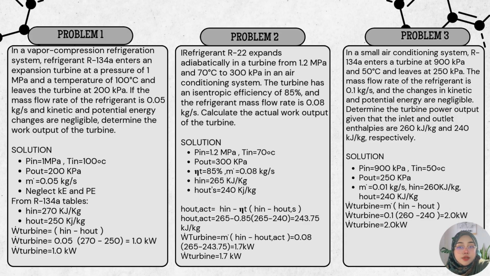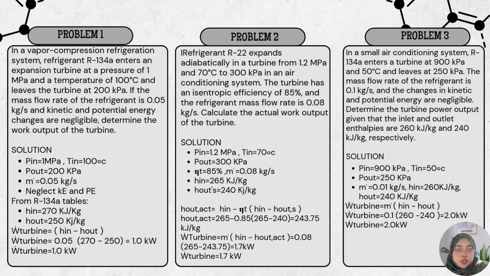The formula for the turbine work is m dot multiplied by h in minus h out actual, with m dot 0.08. After calculating, the final answer for the turbine work is 1.0 kilowatt.